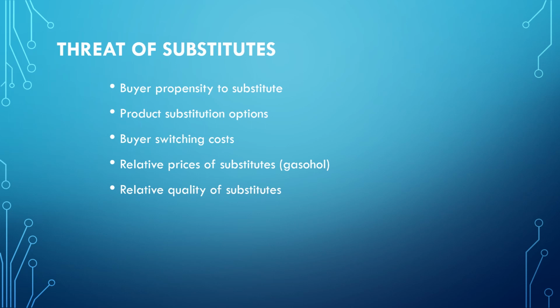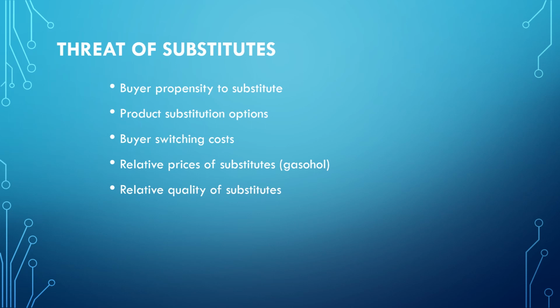For instance, if you are heating your home with heating oil or propane gas, and you decide you want to switch to natural gas, how much does it cost to do that? Well, you might have to put a new furnace in. You might have to run some lines. Or, there could be lots of expenses associated with that.